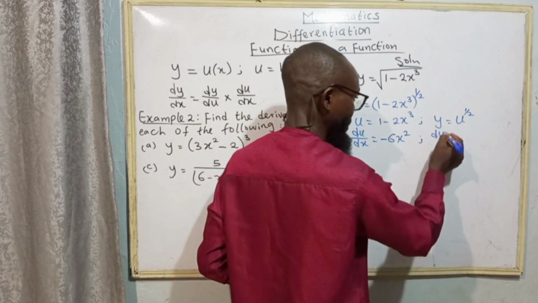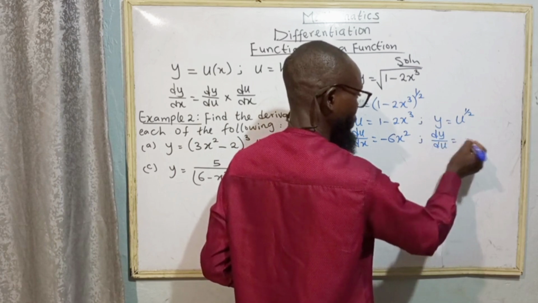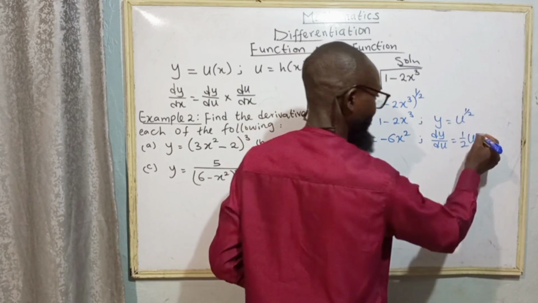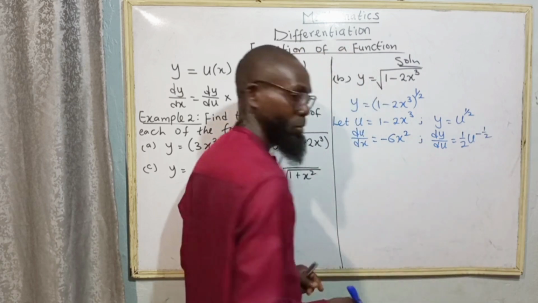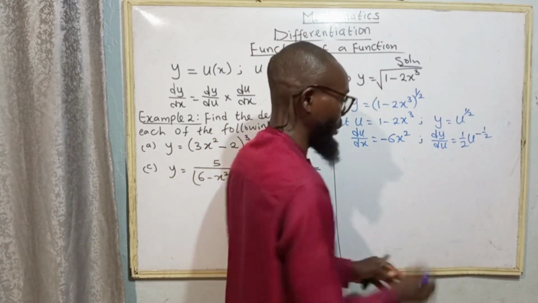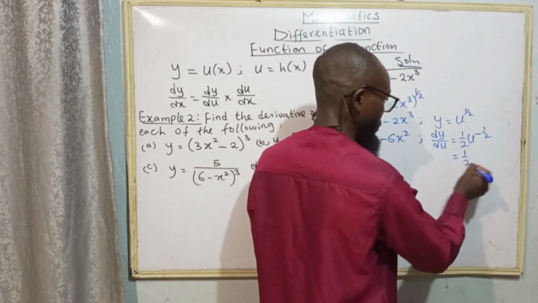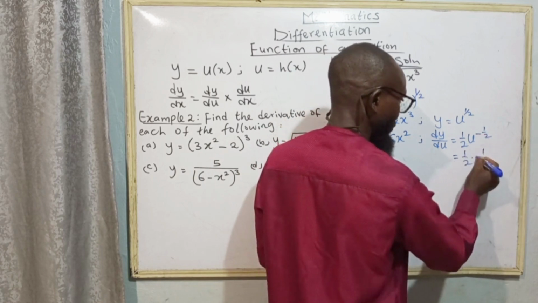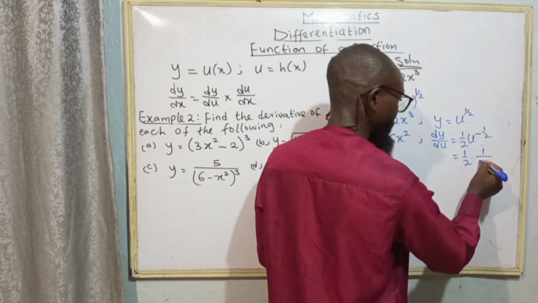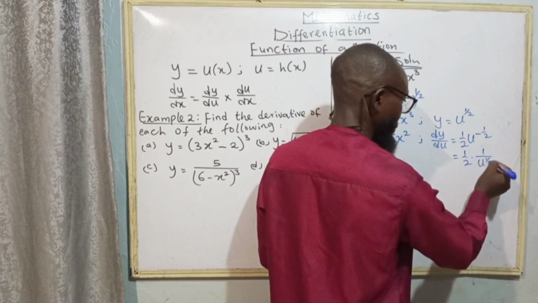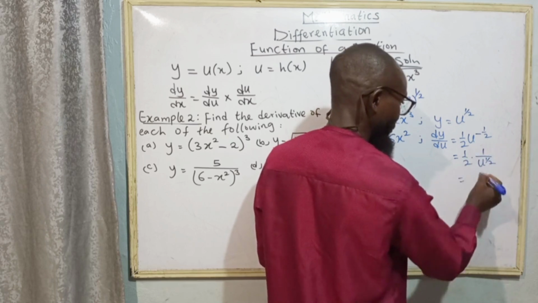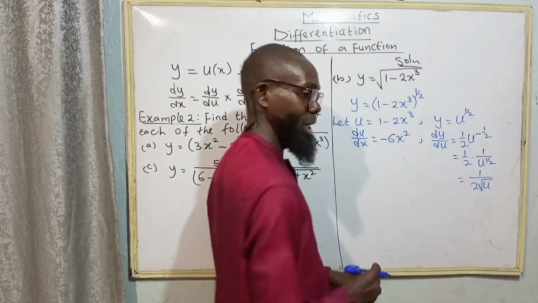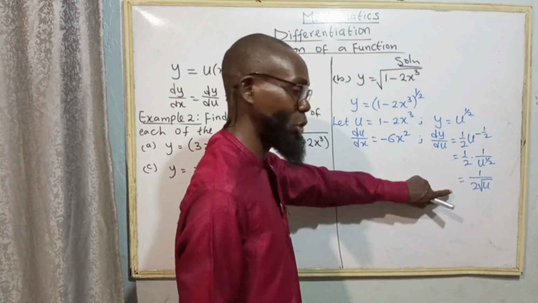Then dy du will equal 1 over 2 u raised to power 1 over 2 minus 1, we have minus 1 over 2. Let's work this further. So 1 over 2 multiplied by, this minus changes to 1 over, then u raised to power 1 over 2. That is 1 times 1, we have 1 over 2 square root of u. That's our dy du.